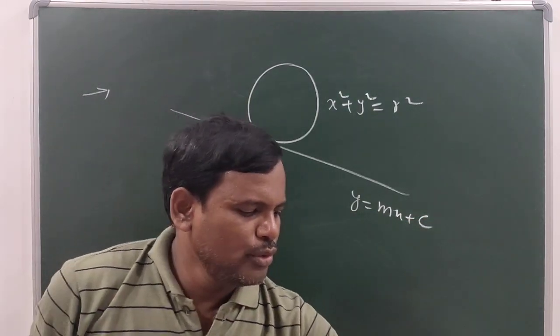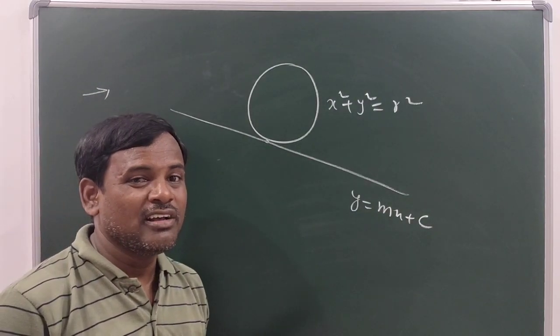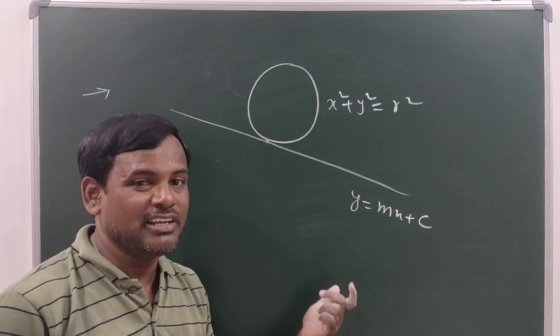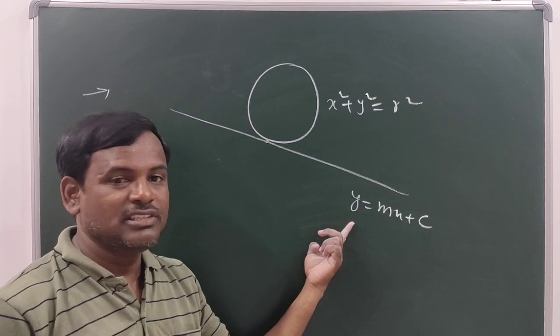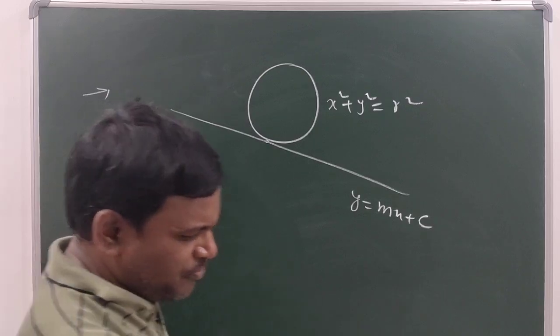How do you do this? What they are asking us is to write a condition for this line to be a tangent of this circle.